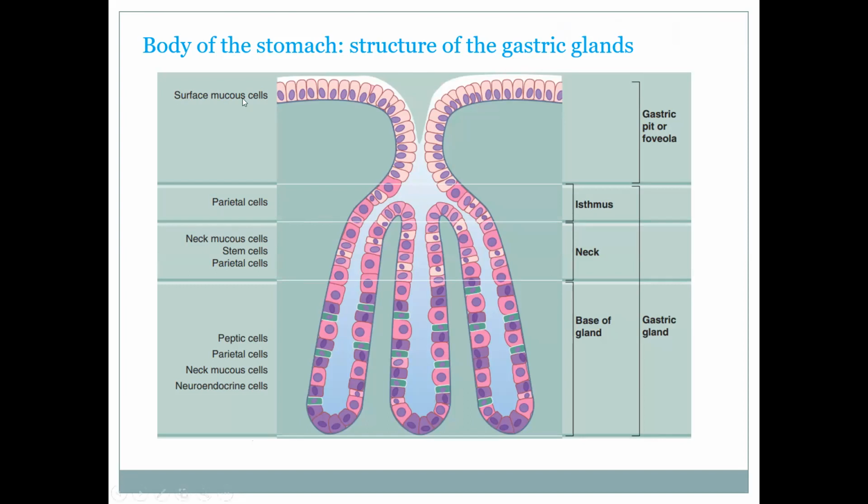The gastric pit occupies part of the thickness of the gastric mucosa, and each has 1 to 7 gastric glands opening into it. So this is the gastric gland and this part is the gastric pit.